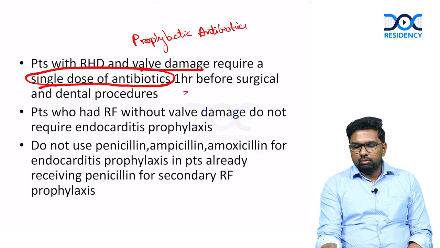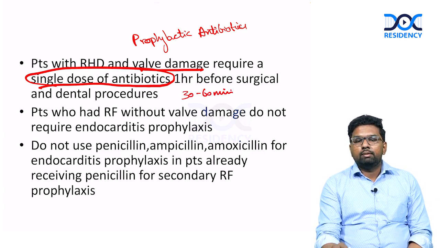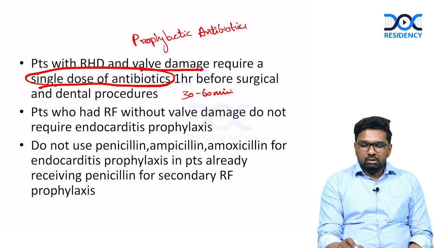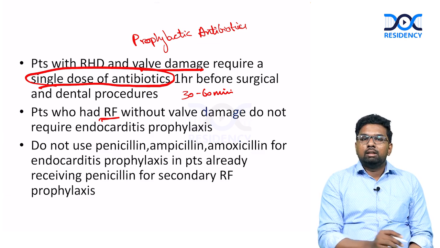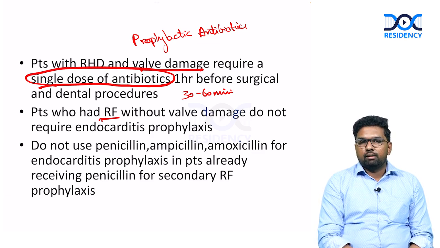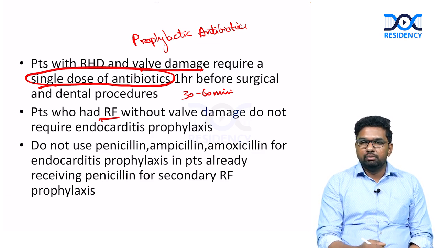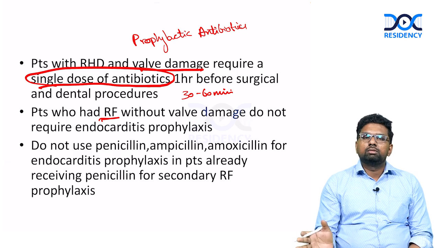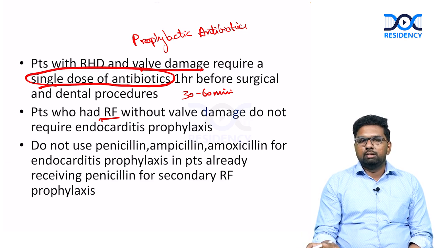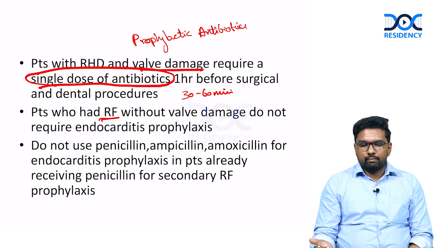Usually 30 to 60 minutes before surgery, we are supposed to give a prophylactic antibiotic. Patients who had rheumatic fever without valve damage do not require any prophylaxis. If the patient has acute rheumatic fever but has no cardiac involvement, then there is no need for endocarditis prophylaxis.